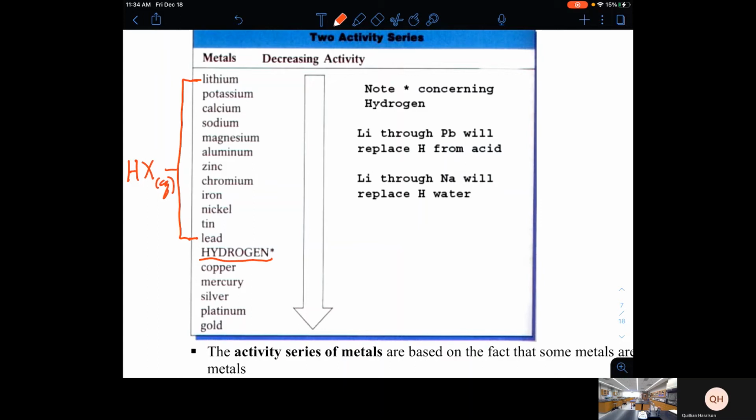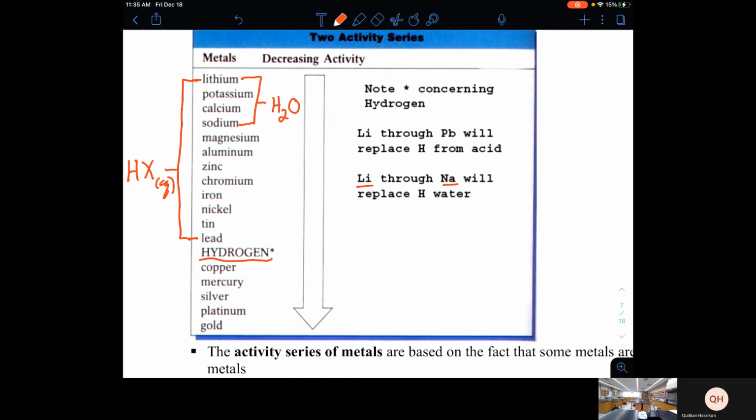The next note says lithium through sodium. Going lithium through sodium, it says that these are capable of bumping off the hydrogen inside of water. And basically what's going on here is that the hydrogen and the anion in an acid are not really holding on to each other that strongly. So there's a lot of different metals that are capable of bumping that hydrogen off.